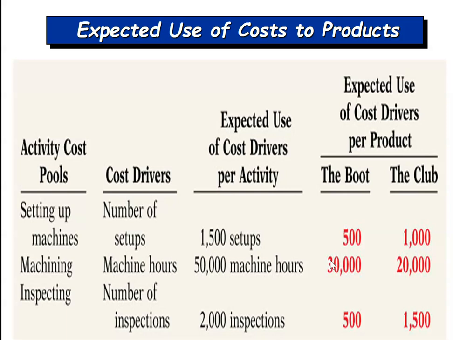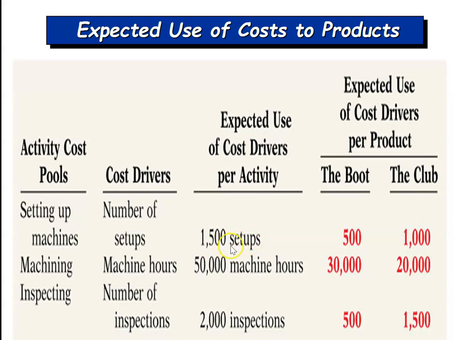All right, so clearly, we have those same 3 activity cost pools here, the cost drivers that we identified on the previous slide, as well as the number of setups, number of machine hours, and the number of inspections. However, now we'll break down each one of these cost drivers per product.